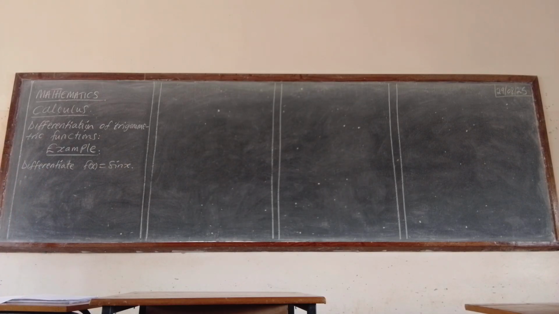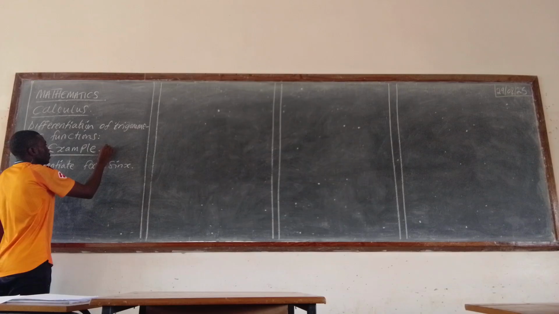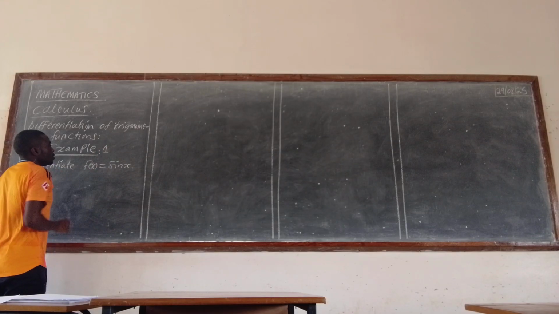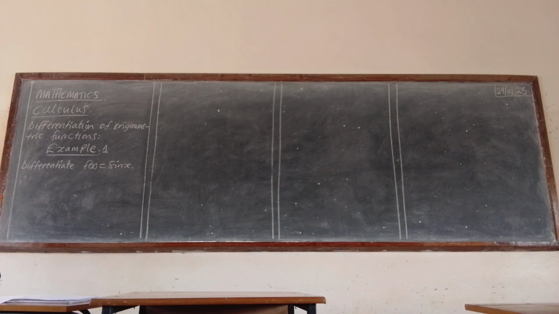Okay, so the first example is this one. We say differentiate f of x, which is equal to sine x. Now, this one we are going to use the first principle.